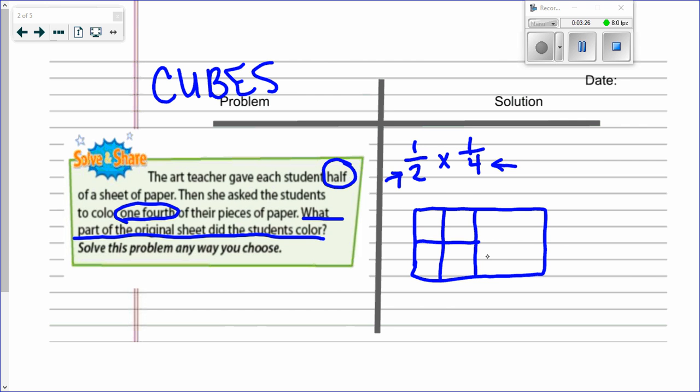So this is our half sheet of paper, and I'm dividing that into 4 pieces. We're only working with this half. I'm just going to draw some lines so we know that this is the half sheet of paper that we were given.